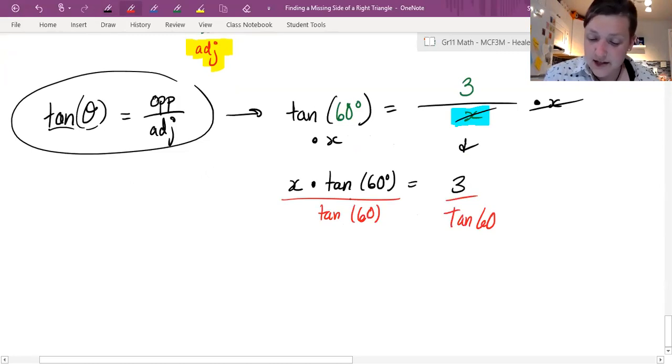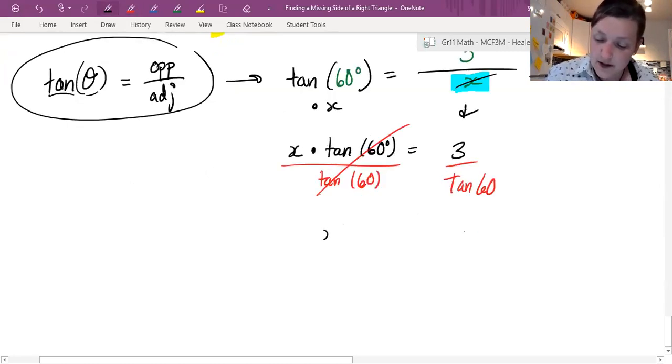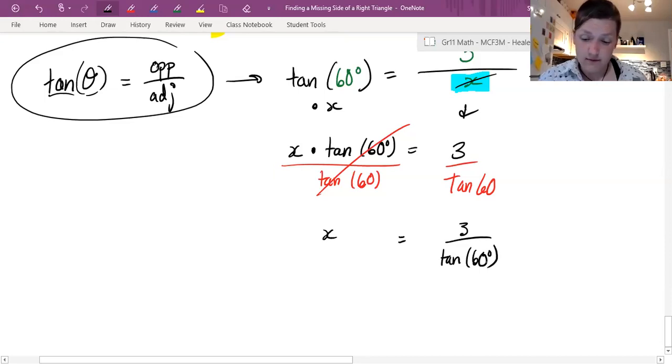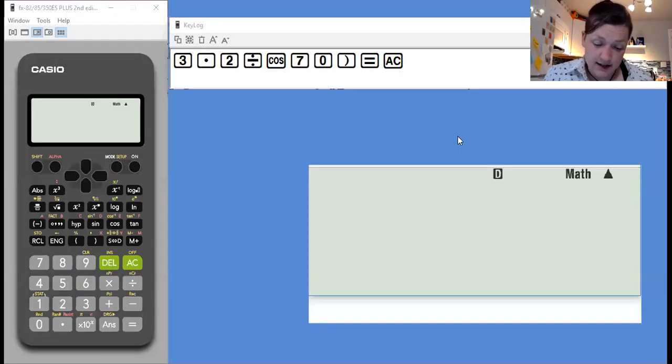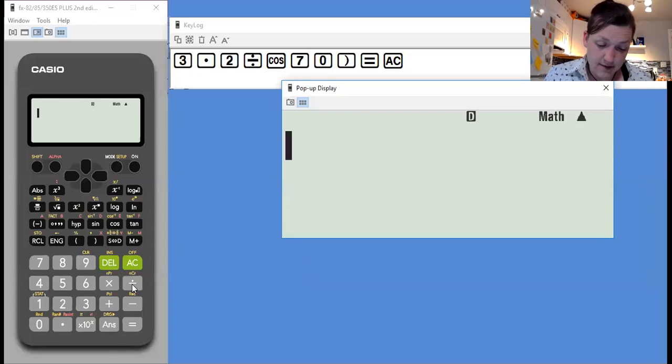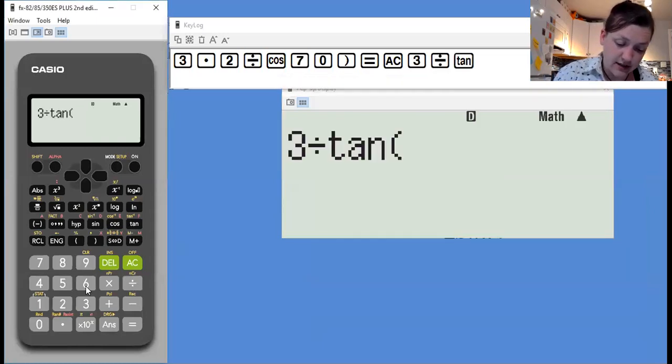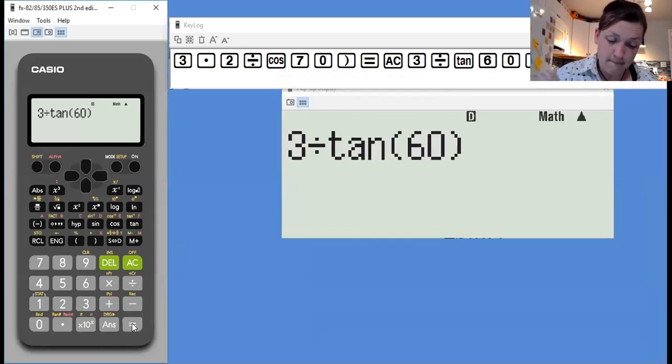On the left-hand side, these cancel out, and we are just left with x. On the right-hand side, we have 3 divided by the ratio tan of 60 degrees. Now we can just type that exactly into our calculator. What is 3 divided by the tangent of 60 degrees?